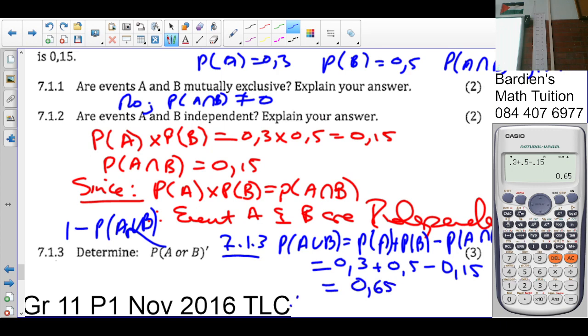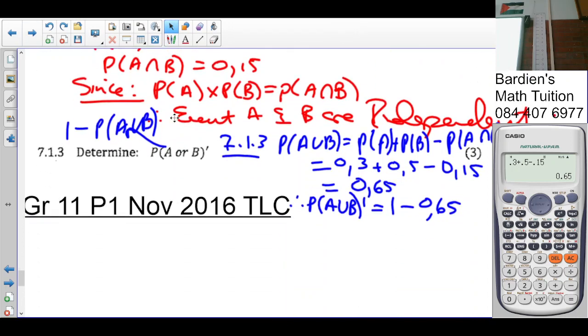So therefore, the probability of not A union B is going to be 1 minus 0,65, which is 0,35. Is that correct? Check if it's correct. Right, good.